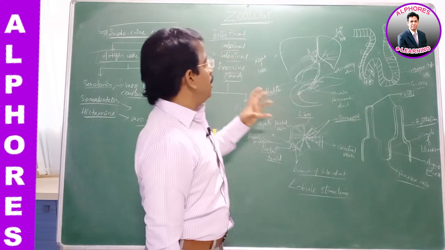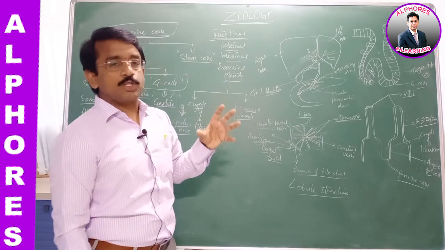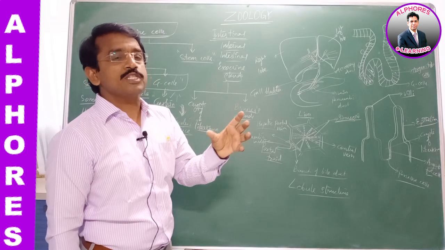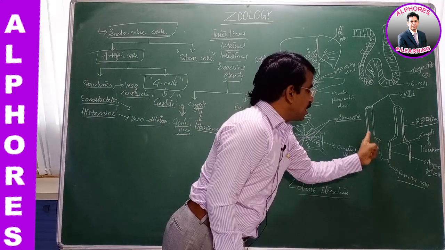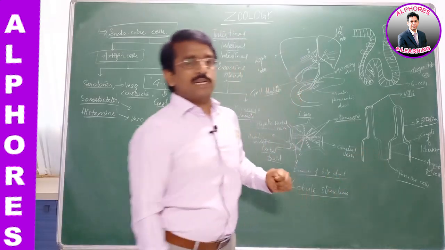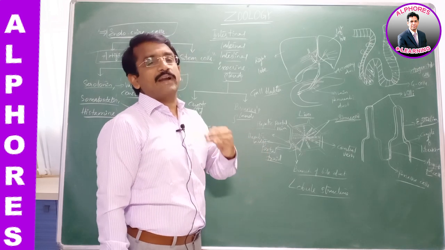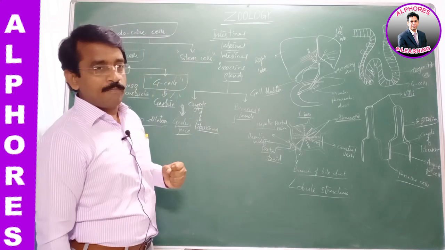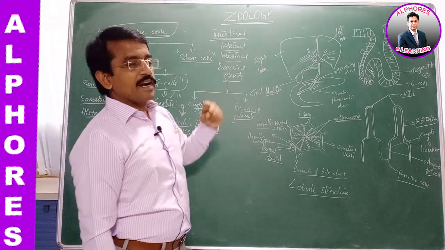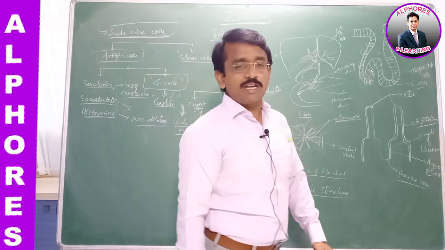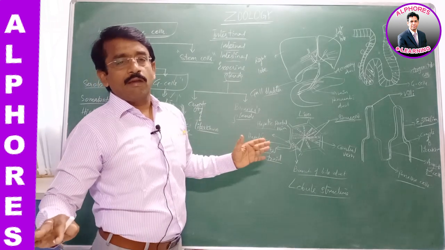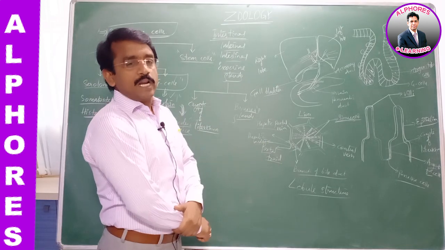The crypts of Lieberkuhn are the intestinal glands which are present in between the villi, where the crypts are present. That's the reason why these are crypts of Lieberkuhn or intestinal glands. The juice secreted from these intestinal glands is also of alkaline condition.